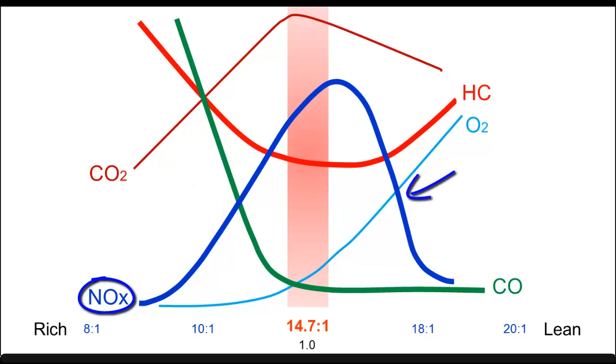NOx may also drop with excessively lean mixtures. Carbon dioxide readings are highest in the stoichiometric range and are off-peak when mixtures are rich or lean. Oxygen is low with mixtures that are stoichiometric or richer, and rises with lean mixtures.